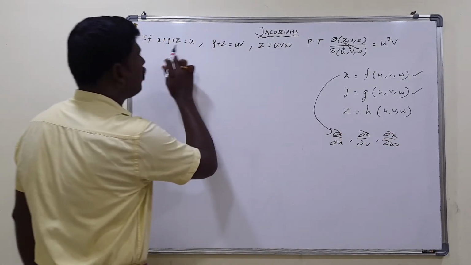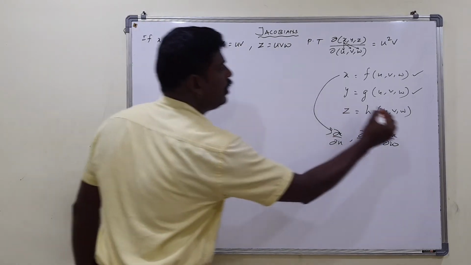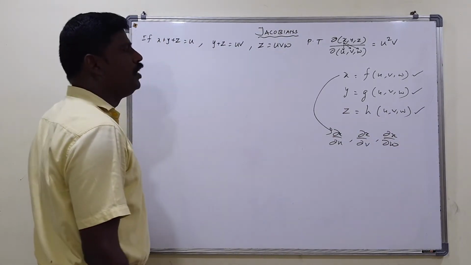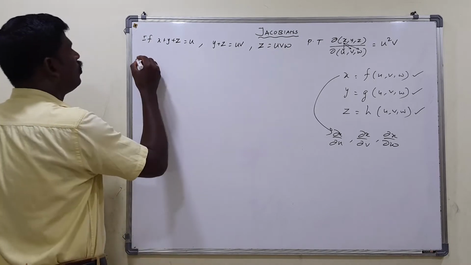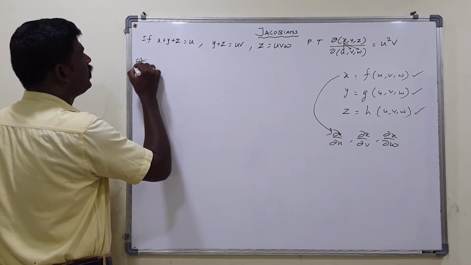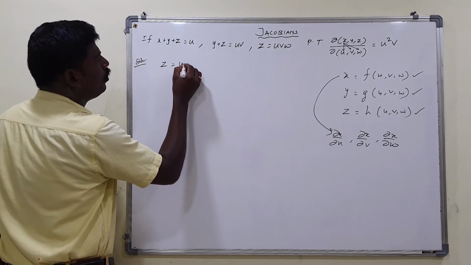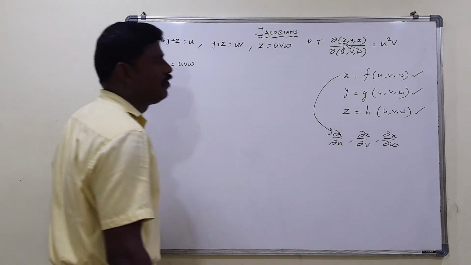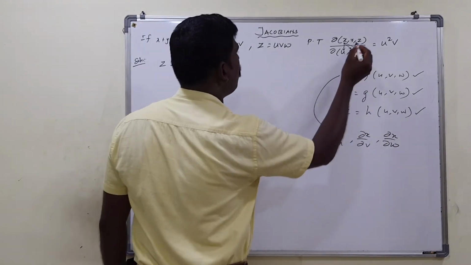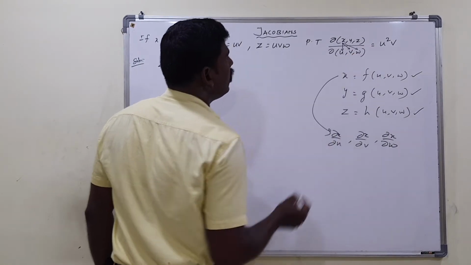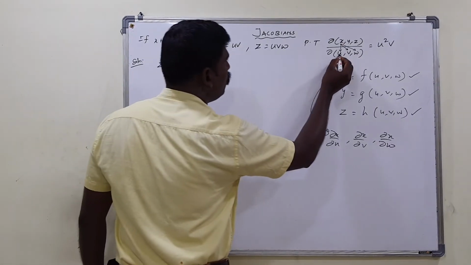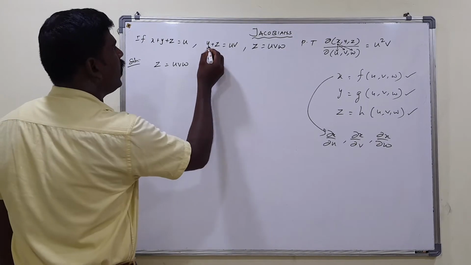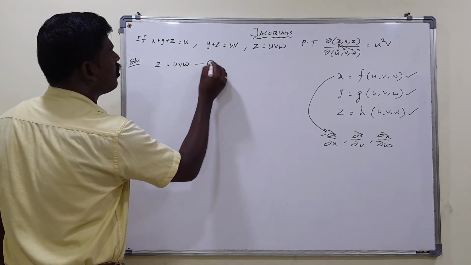Look at that. From these three, z is alone in the form of a function of u, v, w. So first I write z = uvw. It is already a function of u, v, w, so no problem taking partial derivatives of z with respect to u, v and w. I call it equation number 1.